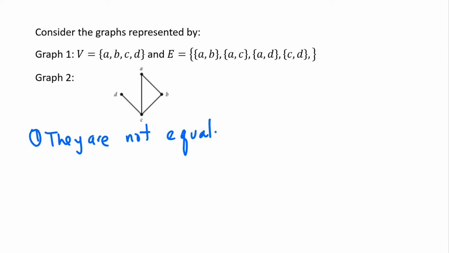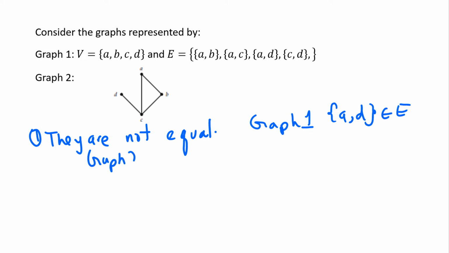I know that they are not equal because we notice that there is an edge in graph 1 from A to D. So in graph 1, we have an edge AD as an element of the edge set, but in graph 2, no such edge. That is, and let's go ahead and write it, no edge connecting A and D. So we know they're not equal.